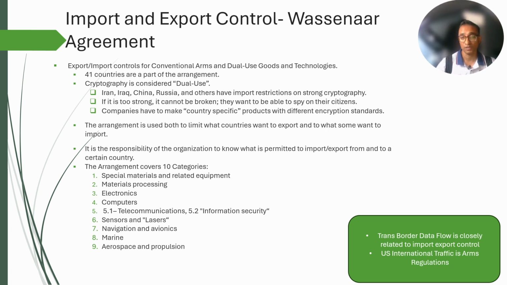The Wassenaar Agreement carries 10 special categories for which this is specifically applicable, and they are about special materials, rare earth material processing, how you process, for example, rare earth material to make value out of it, electronics, computers, telecommunication used for networking devices, information security related items, sensors and lasers, which can be used for recon and other aspects, navigation and avionics, marine related, and aerospace and propulsion.